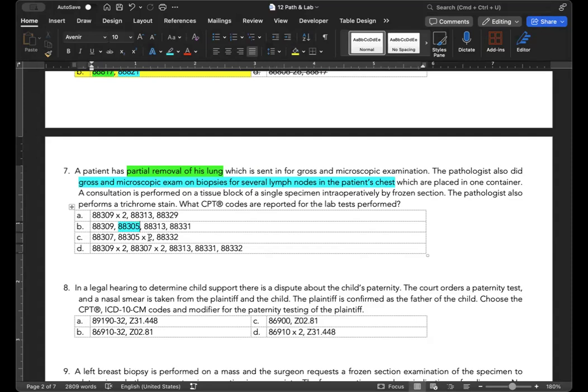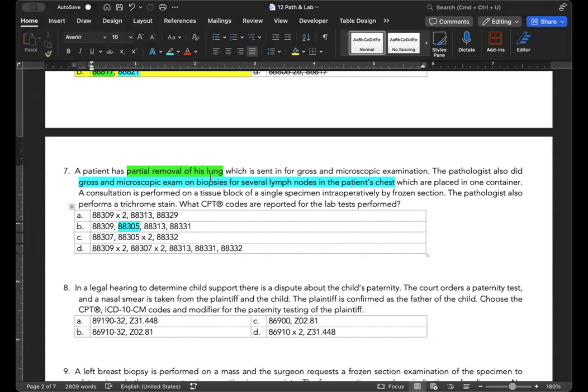And then our lung, we have that partial removal of the lung, which is going to be either a lobe or a segment resection, one of the two.